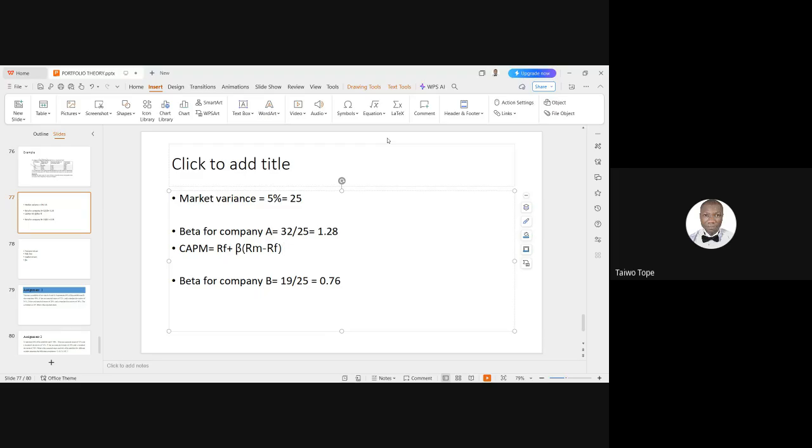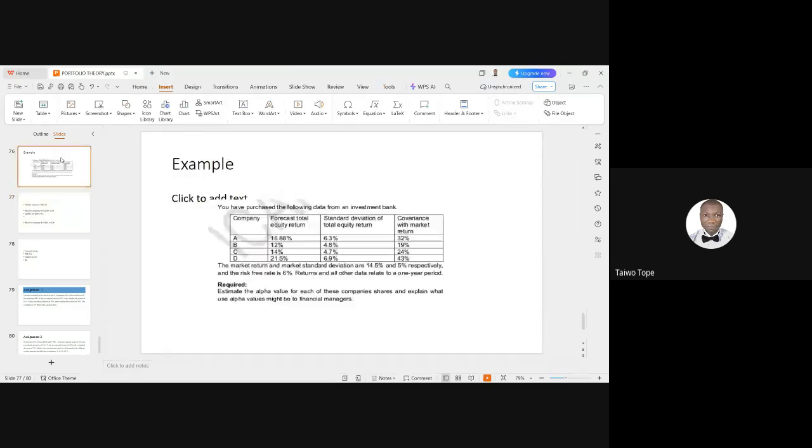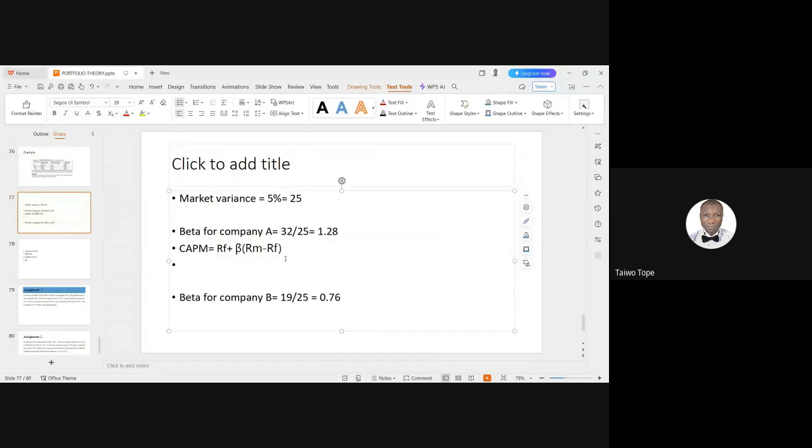Now, for A, what is your risk-free? Let's go to the question. Risk-free is 6%. So RF is 6%, plus your beta for A, which is 1.28.